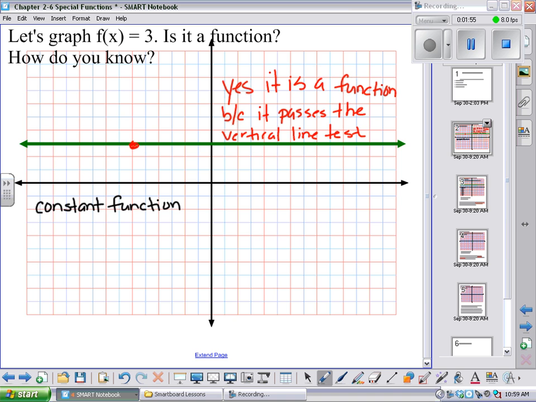Constant functions have a slope of 0. They are horizontal lines. And they are sometimes referred to as the zero function.